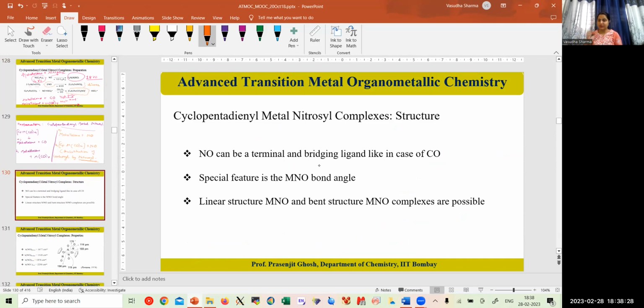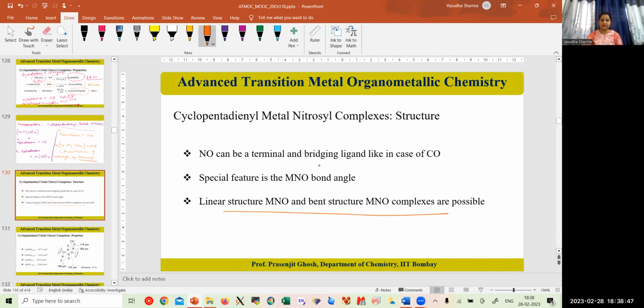A special feature is the M-N-O bond angle. We need to see what kind of bond angle, whether it is linear or bent, whether the bond angle is less than 180 or more than 180, or exactly equal to 180. Linear M-N-O and bent M-N-O complexes are possible.